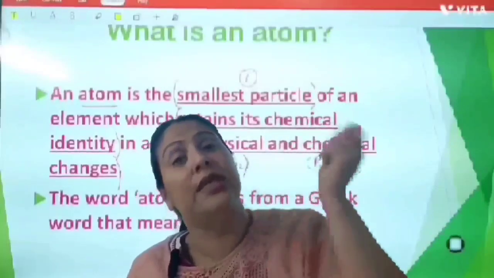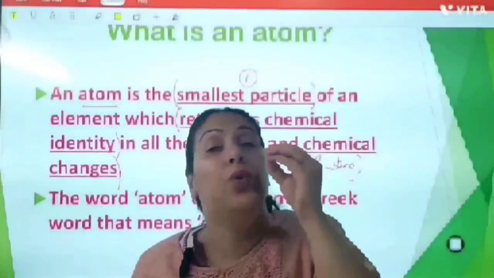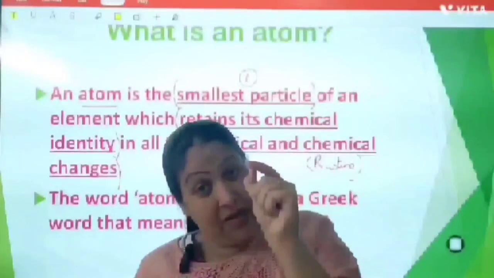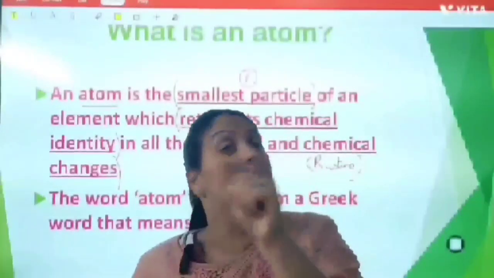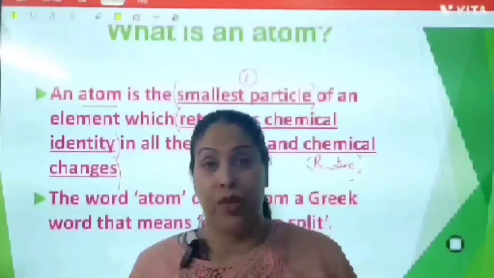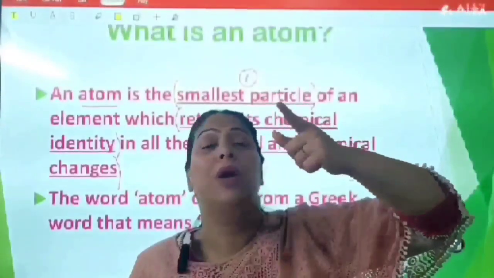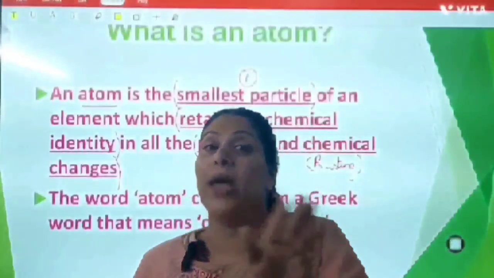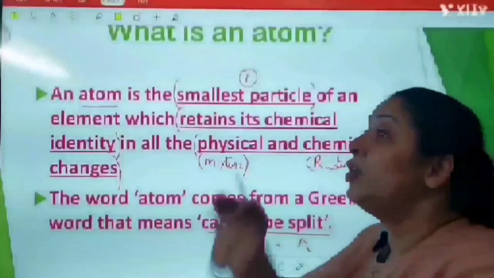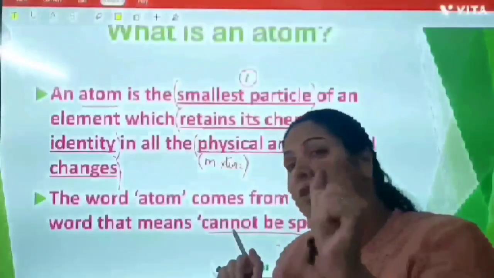If I keep breaking it down, I reach a level where that iron particle which was visible is no longer visible. It has become microscopic. And even at the microscopic level, if it breaks down further, there comes a point where it cannot be further divided. It cannot be further split or broken down.